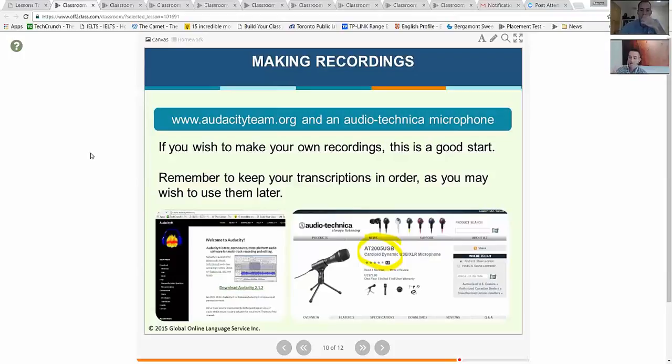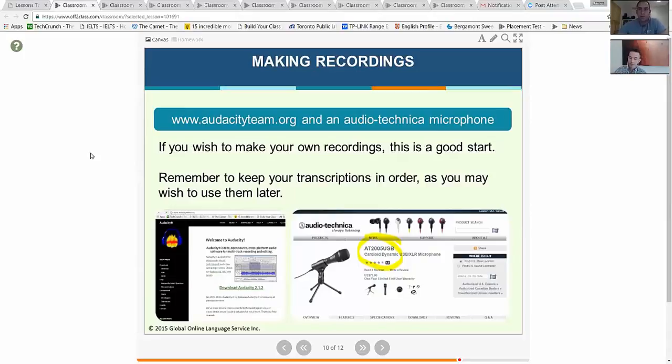One, the piece of hardware is the microphone, which I'm speaking into now. When I first started, the Audio-Technica microphone that you can see on the screen, I think is a really good starting entry level. It's not a perfect microphone, but it will allow you to make sufficiently good recordings to be able to upload them to the internet or use them with any other program on your computer and your students.